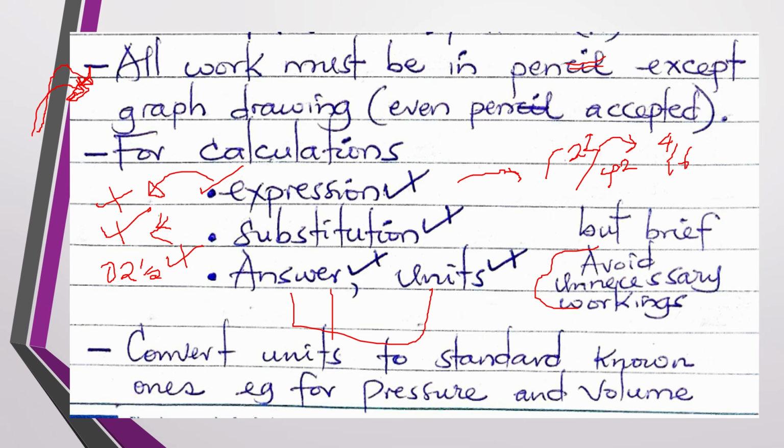This is not mathematics. If you go to the next one, it's going to be converting units to standard known units. For example, for pressure and volume, this is very common with colligative properties. You make sure that before you start calculating, the given values are in their standard SI units. Pressure must be in its standard SI unit, which is Newton per meter squared. And then volume, when you come to colligative properties, it's going to vary, but mainly make sure that it's in meters cubed.